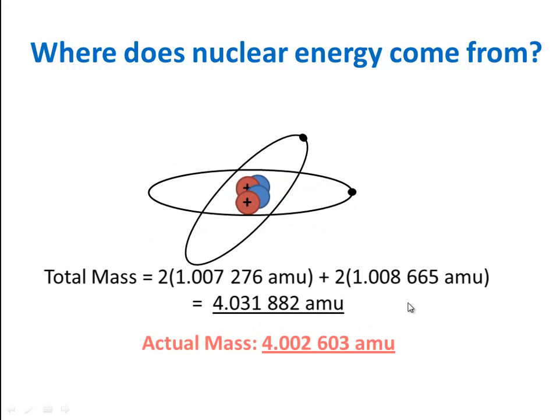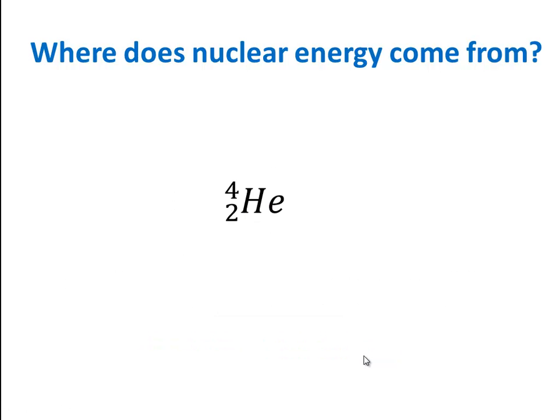So we put everything together, they measure the mass, and they got 4.002603 AMU. Now, obviously, the thing that jumps out is that these two numbers are similar, but strikingly different. The mass that we expected to find when we put everything together to make the complete atom is quite different from the mass that you actually measure. And so, what's going on here?